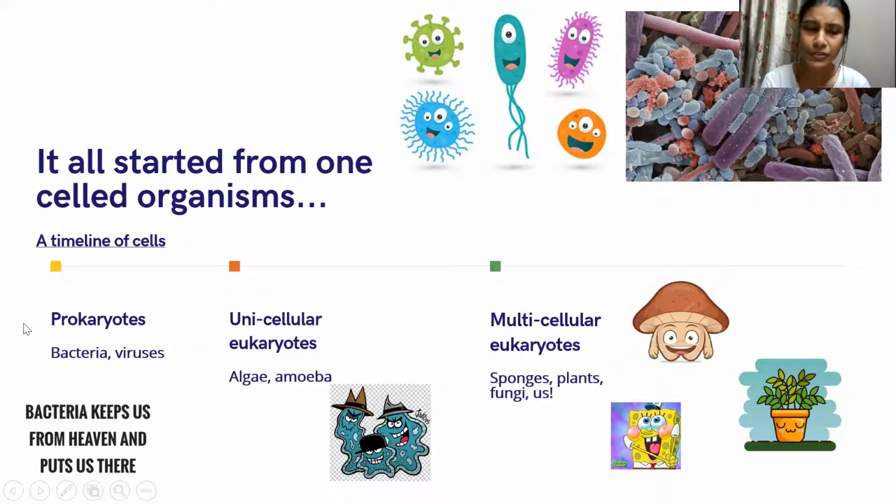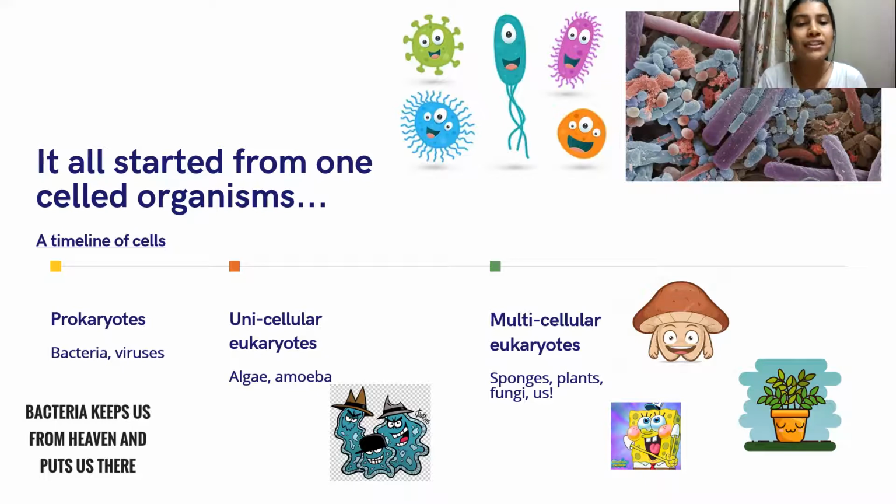What are prokaryotes? Prokaryotes are those one-celled or unicellular organisms who have their whole body as only one cell. The one cell body does everything, unlike us. So prokaryotes are the bacteria and the viruses. They have been put into a separate kingdom for that.